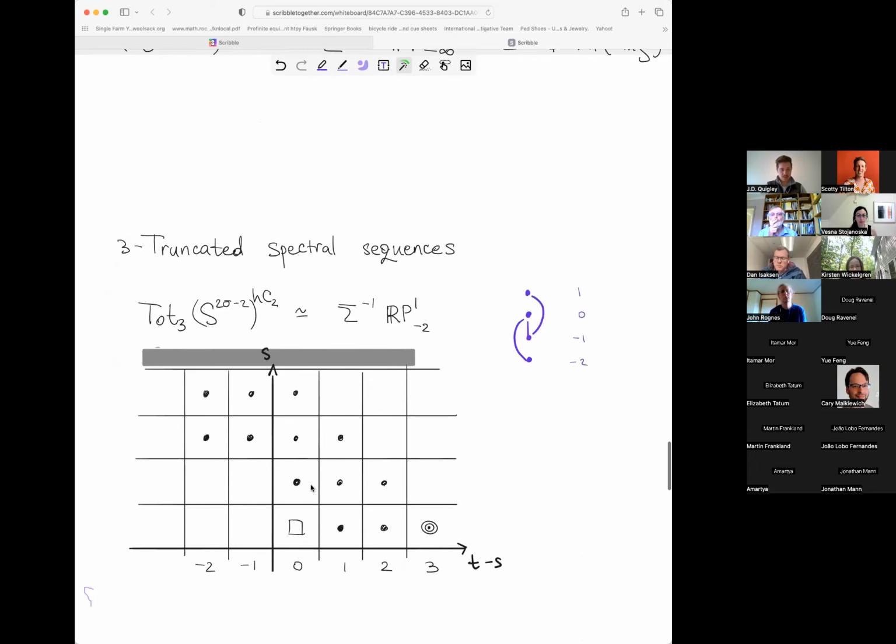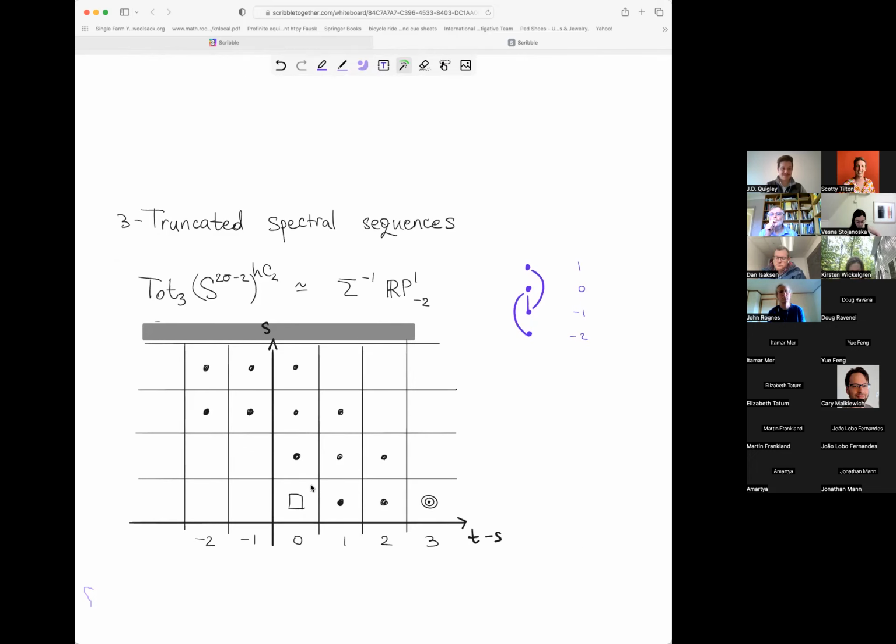And here's a picture of what that looks like for this representation sphere. If you know what this diagram means, that's the cell structure of this truncated, or stunted, projective space, suitably shifted. And what that tells us is that if we take this generator, we could call it J, that thing is going to support these d2 differentials.